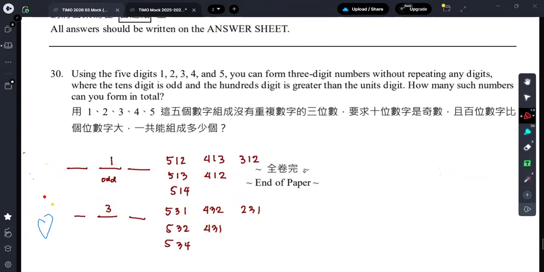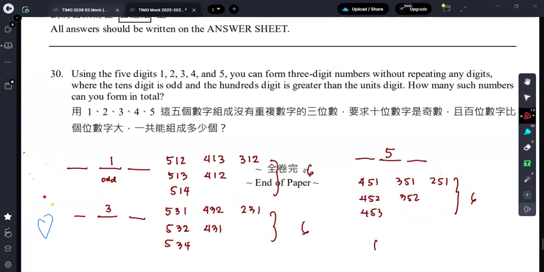And lastly, if we have 5 in the tens place, you can have 4, 5, 1; 4, 5, 2; 4, 5, 3; 3, 5, 1; 3, 5, 2; and 2, 5, 1. So you will have 1, 2, 3, 4, 5, 6, six each. So you will have 6 plus 6 plus 6, that is equal to 18.